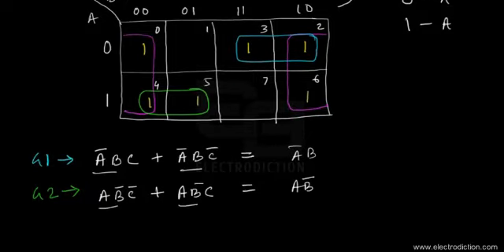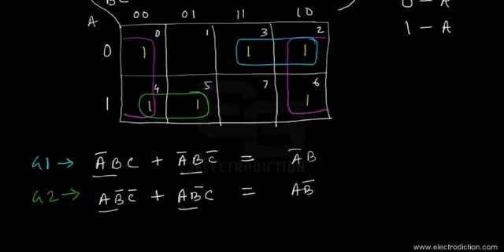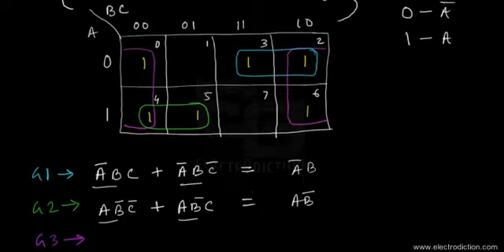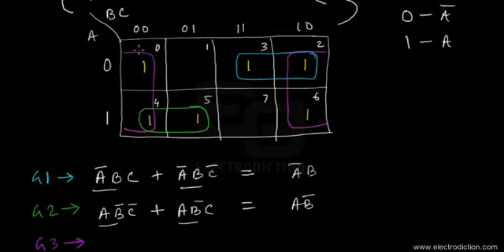Now what remains is the quad group containing cells 0, 4, 2 and 6. So we're going for the quad right now, that's going to be our group 3. Here we can see that we have cell number 0 first. For cell number 0, all 3 variables, A, B, and C, are 0.